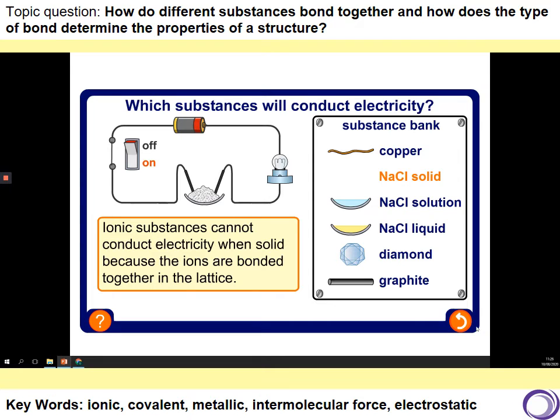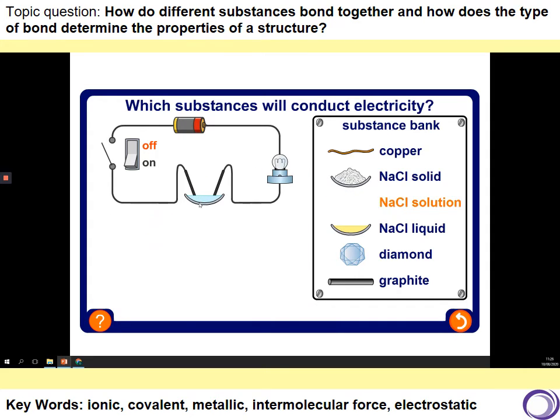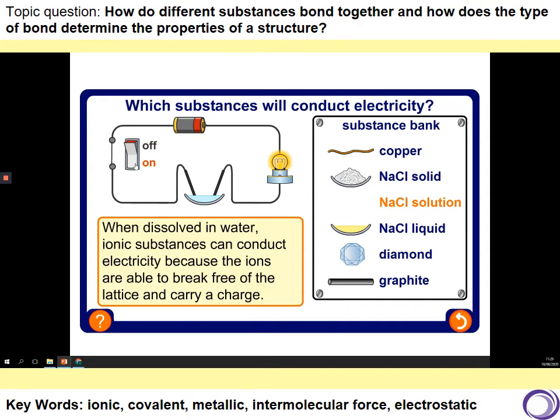This, however, is not the case when we look at sodium chloride solution. If we put sodium chloride solution into the circuit and turn it on, you can see that in this case the light bulb lights up. And this is because once we have put an ionic substance into a liquid form, and that could be dissolving it in water or it could be just melting it so it is a liquid, then the lattice becomes disrupted and the ions break away.